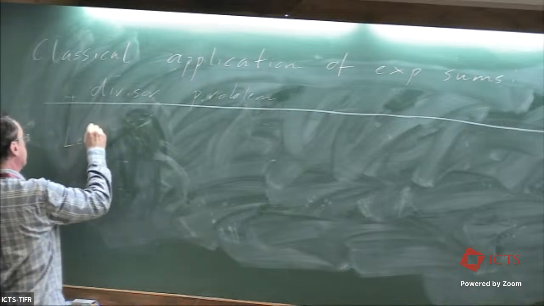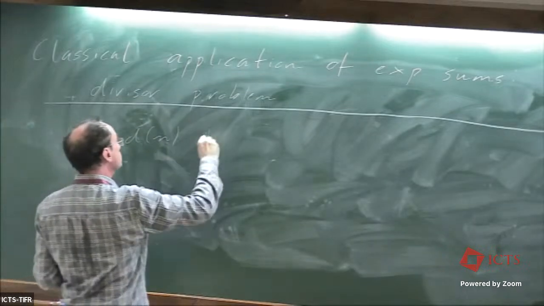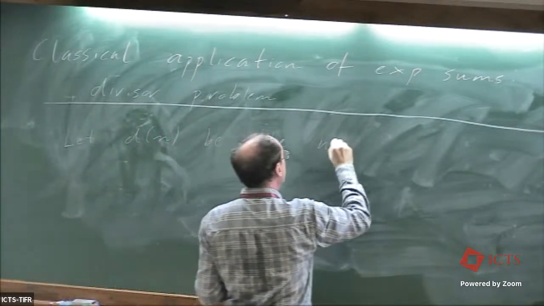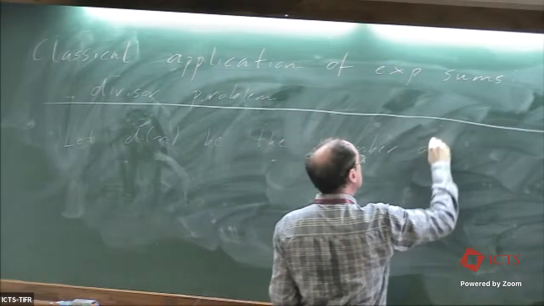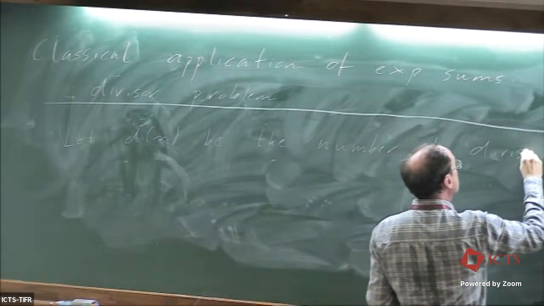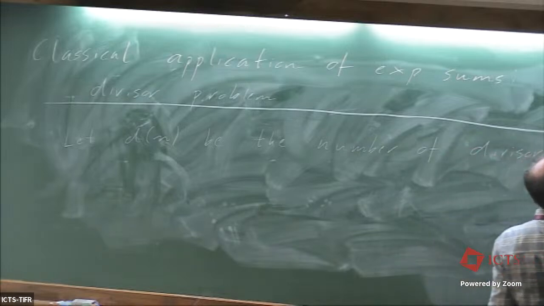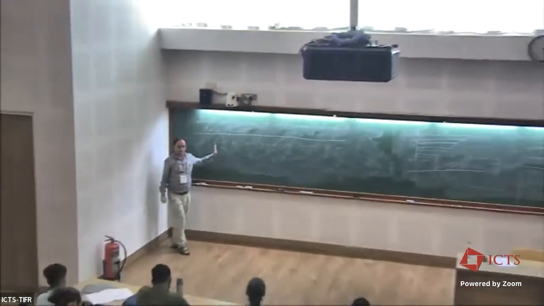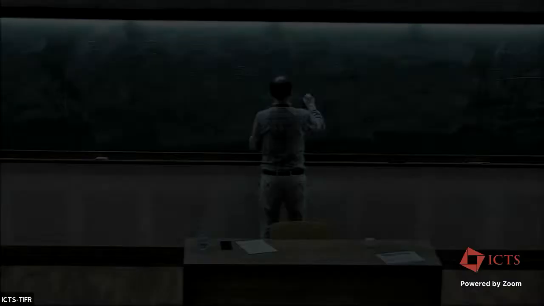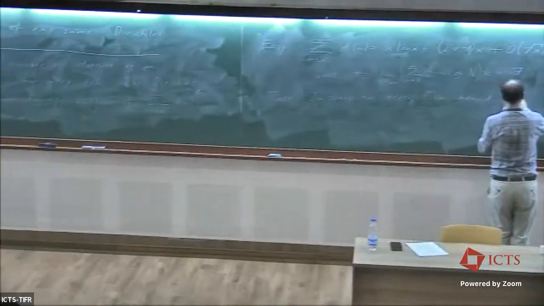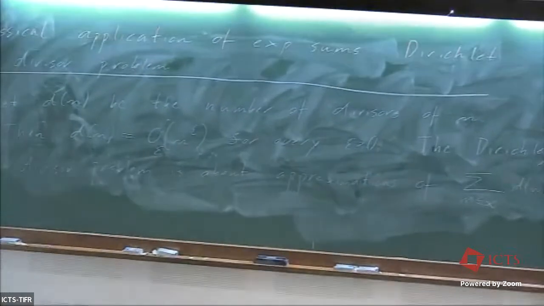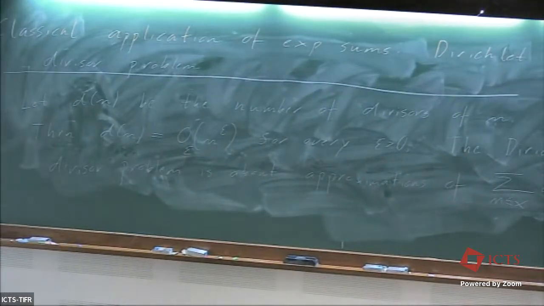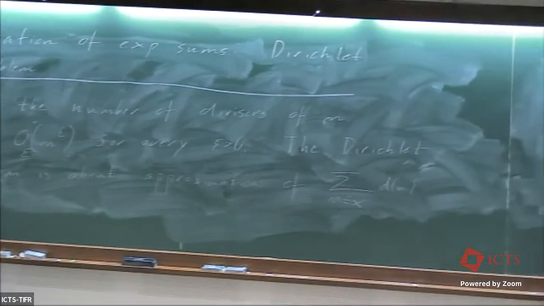Let d(n) be the number of divisors of n. Then we know a bound for the sum of d(n) for n less or equal x, of the form O of x to the 1/2.